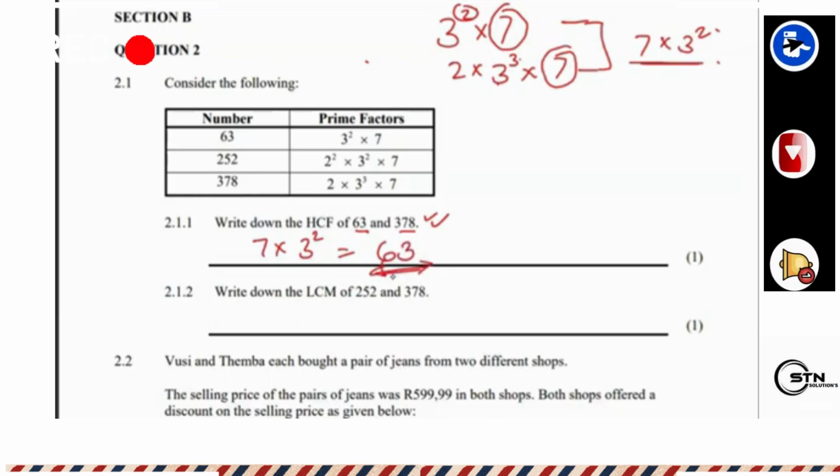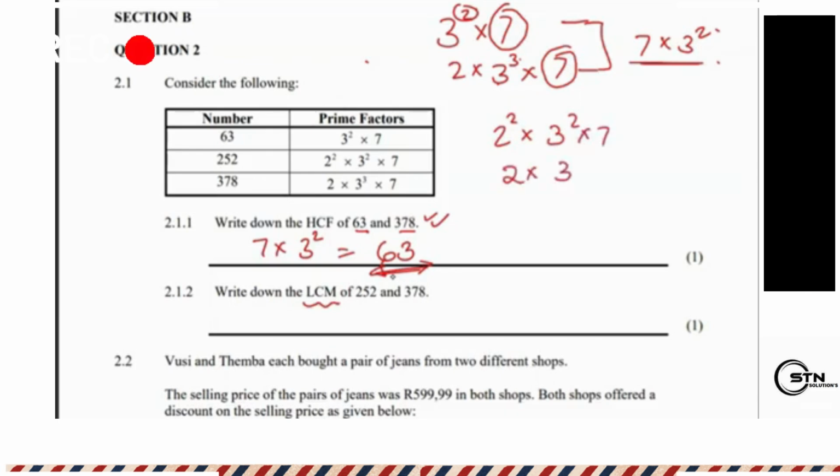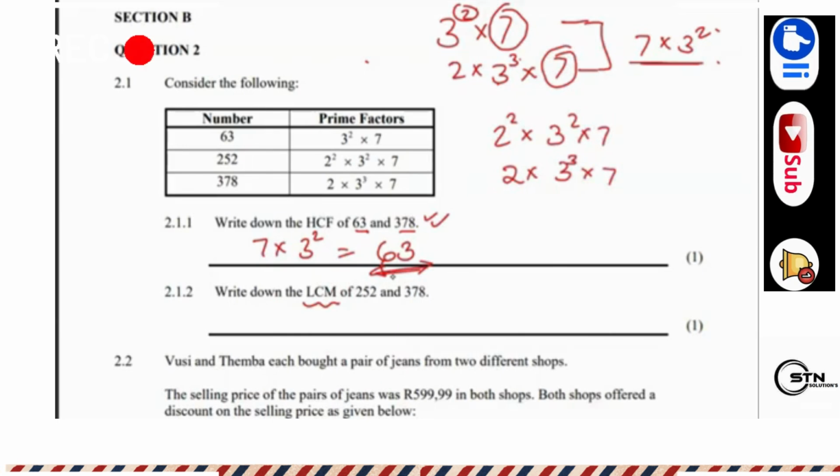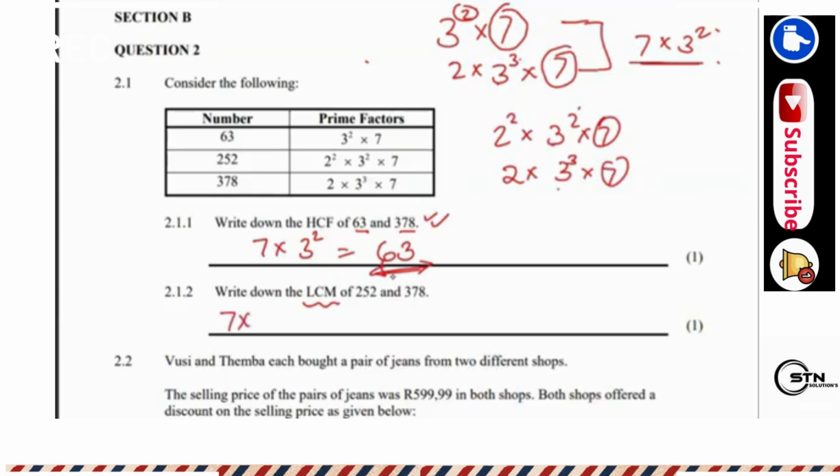Then when they ask for the LCM, the lowest common multiple, we have 2 squared times 3 squared times 7, and 2 times 3 cubed times 7. So we know that 7 is common, that's obvious. So 7 is part of the solution. Then I'm seeing 3 squared and 3 cubed.